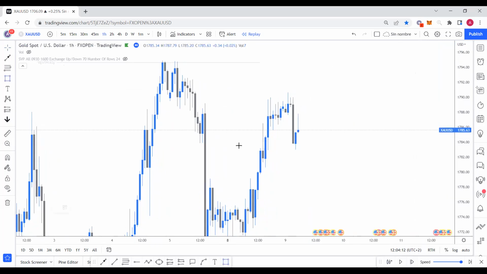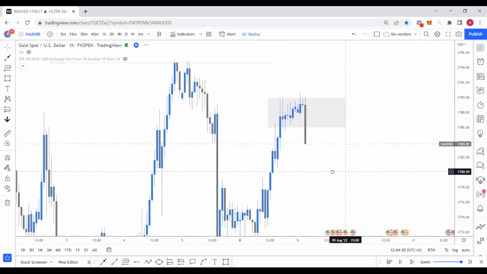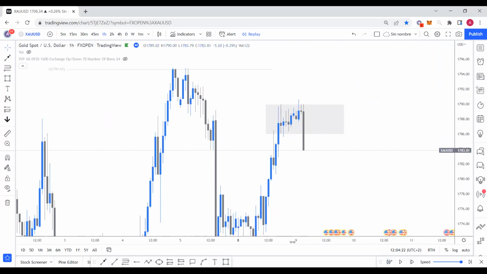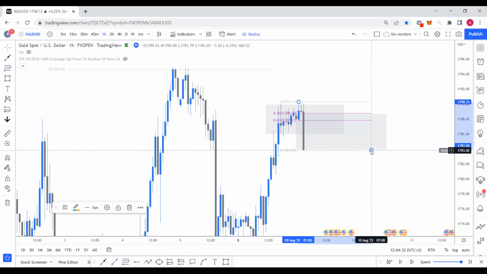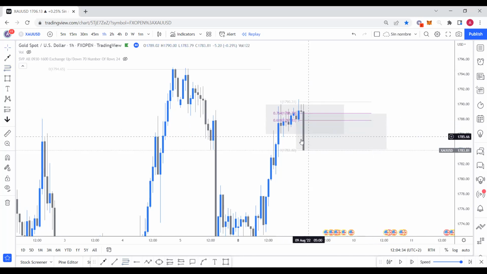Again, the break, consolidation, break. Price has formed this wonderful imbalance here, so we expect price to fill this imbalance. We expect price to come to our entry zone. This is the imbalance price has formed.